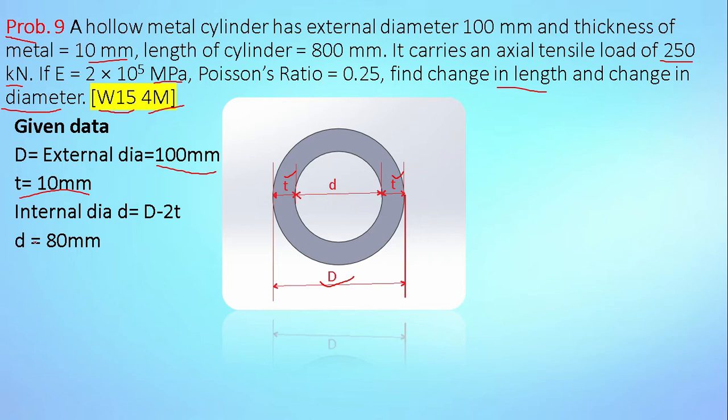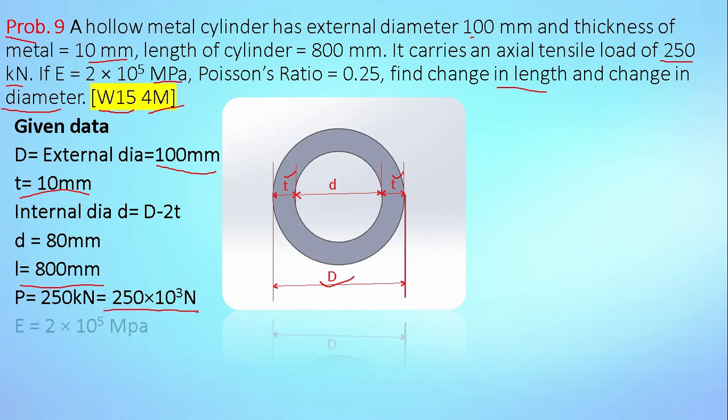Therefore, small d, the internal diameter, is equal to 80 mm. Length of the hollow cylinder is given, which is equal to 800 mm. Axial load 250 kilonewton is equal to 250 into 10 raised to 3 Newton.